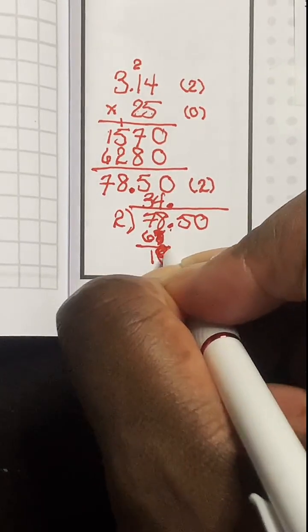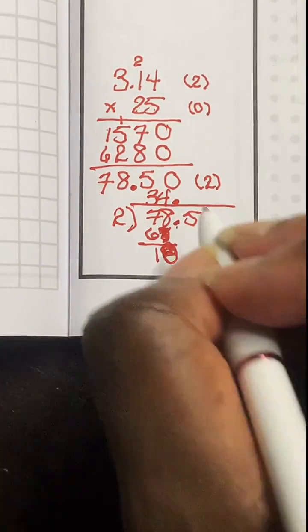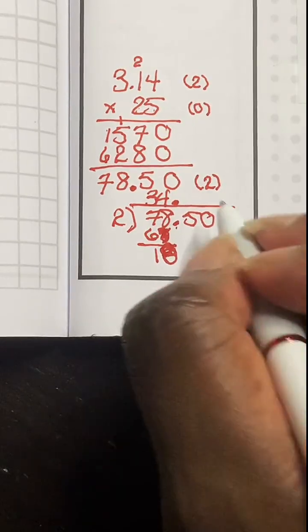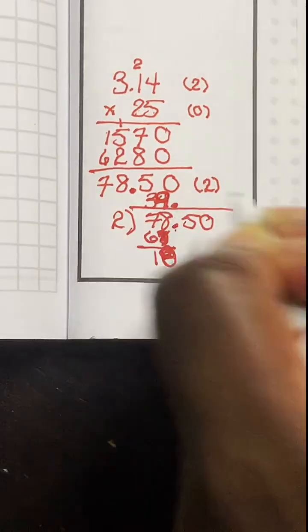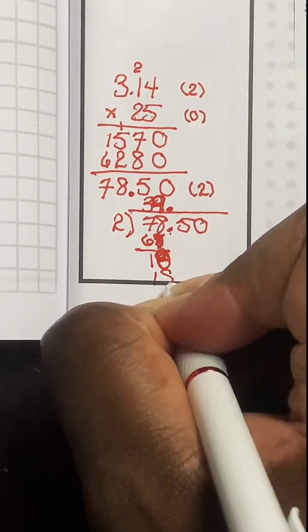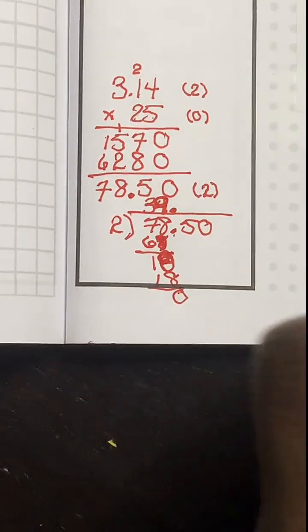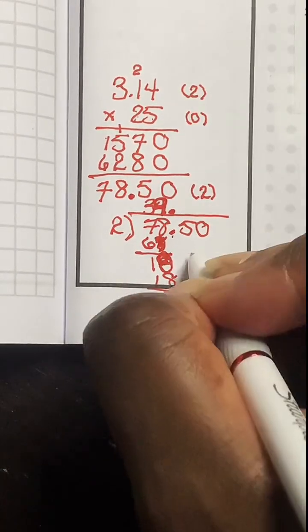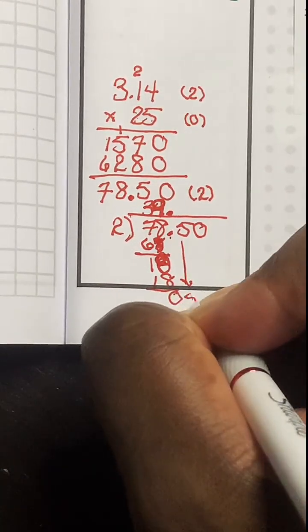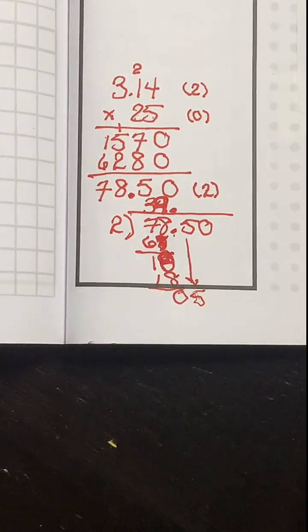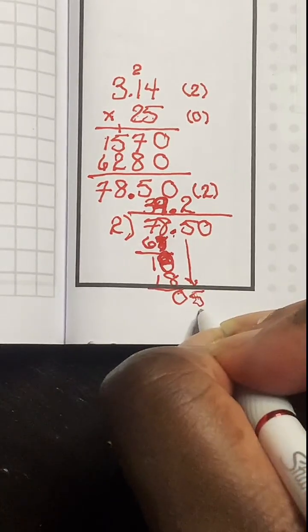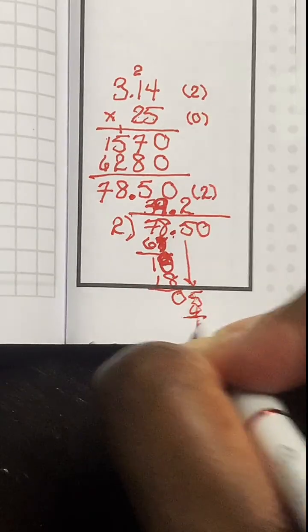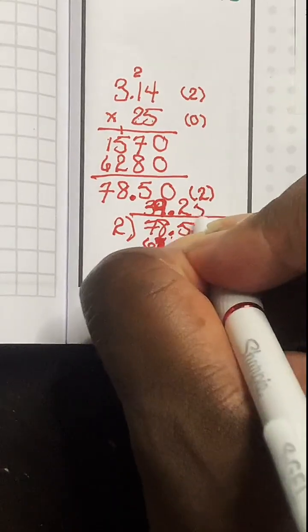Then this will be 18. And now then, how many 2's can go into 18? This should be a 9, because now it makes sense. So, bring down our 5. Okay, so this should be a 2, and that should be a 5. 4, 1, 0, and the 5.